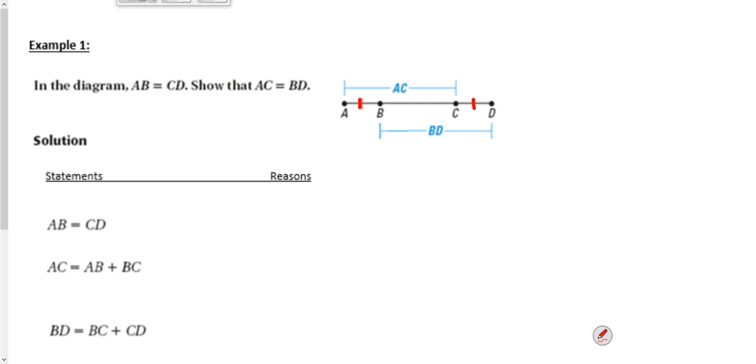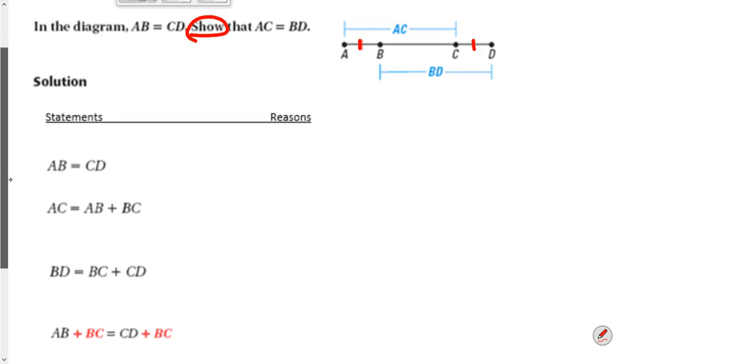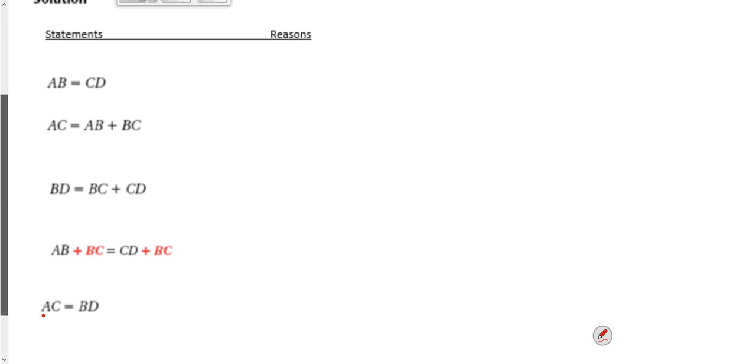And we need to show that AC equals BD. So we're proving AC equals BD. If we look all the way down at the bottom of our proof, we have AC equals BD. That's what we're trying to prove.